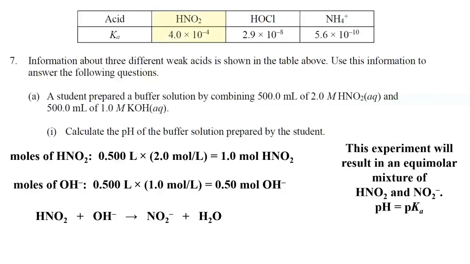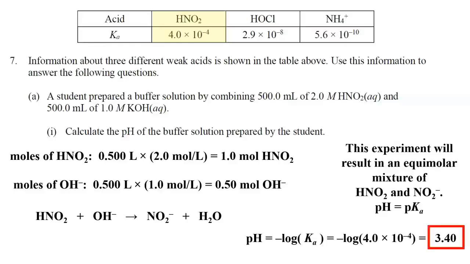And that is the negative log of the Ka. So the negative log of 4.0 times 10 to the negative 4 gives us a pH of 3.40. And that number is the pKa for nitrous acid. So we combined 1 mole of nitrous acid with 0.5 moles of hydroxide, producing an equimolar mixture of HNO2 and NO2 minus. pH equals pKa, which is the negative log of the Ka, 3.40.